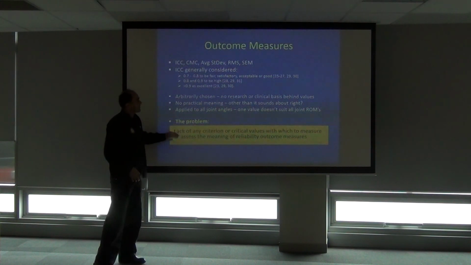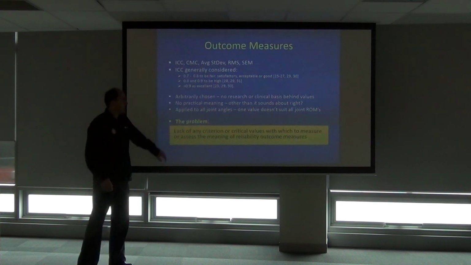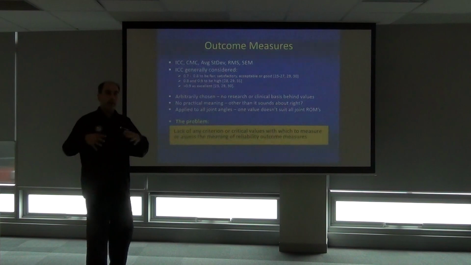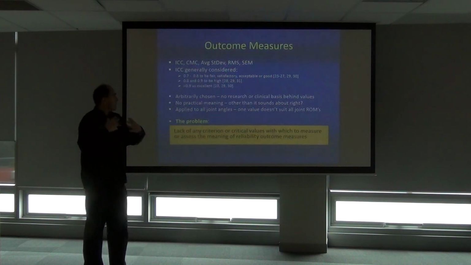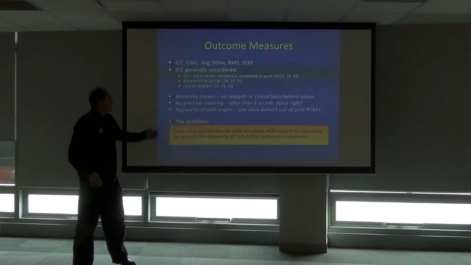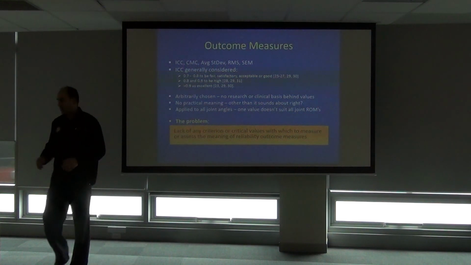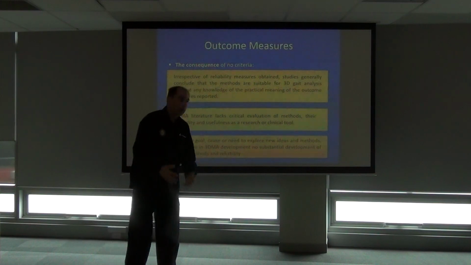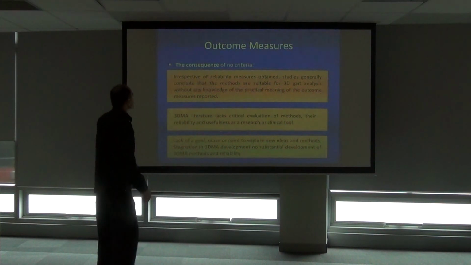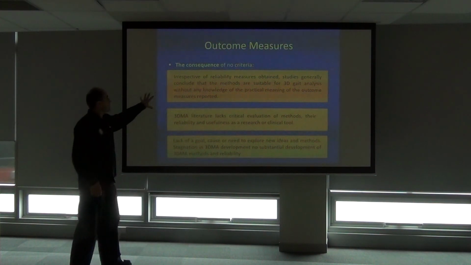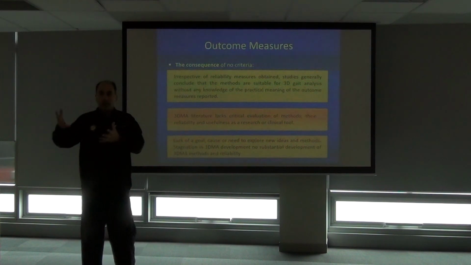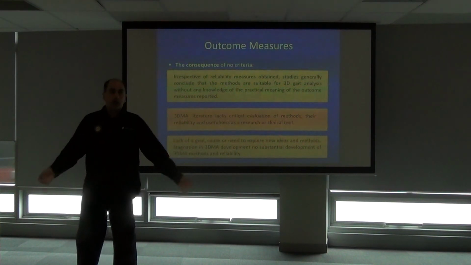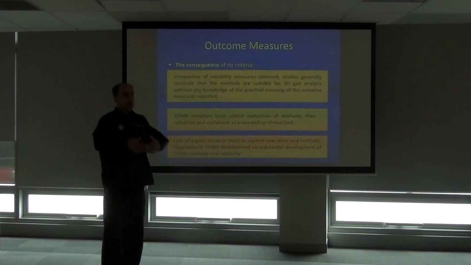So this is kind of highlighted. A few of these through the talk, the yellow bits highlighting key points. The lack of a criterion, something solid, based foundation for judging outcome measures. The consequence of no criterion, well, there's some there. One is, irrespective of the outcome measures, all reliability studies generally find, yep, that's reliable.